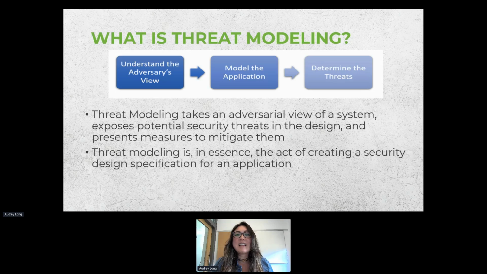In essence, it's the view of the system and its environment through the lens of security. Threat modeling can be applied to a wide range of things, including software, applications, systems, networks, distributed systems, Internet of Things devices, and business processes. Really, anything can be threat modeled, and I'm pretty sure I have threat modeled about everything.